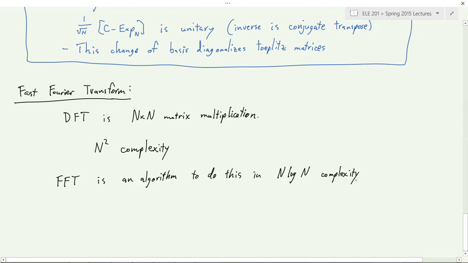There's many ways of showing that this is done. There's diagrams, butterfly diagrams, and stuff. This was developed by Cooley and Tukey in the 60s. And actually, this had huge impact on DSP.